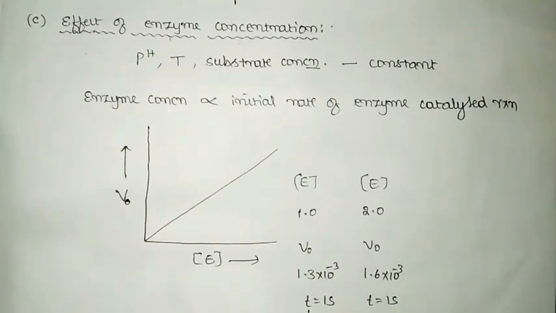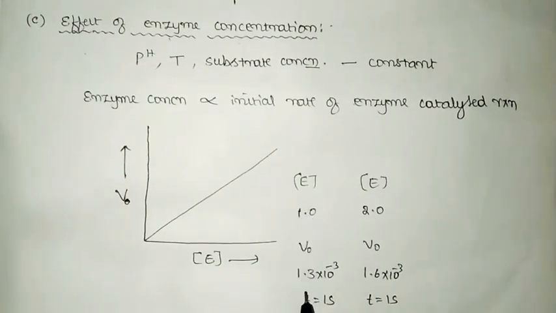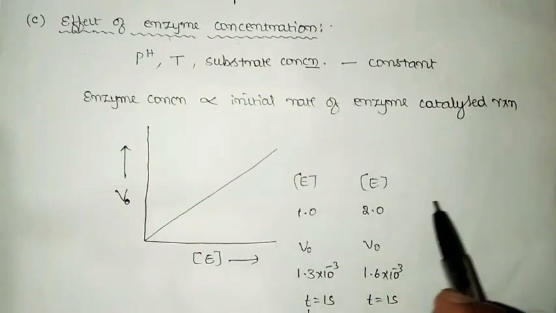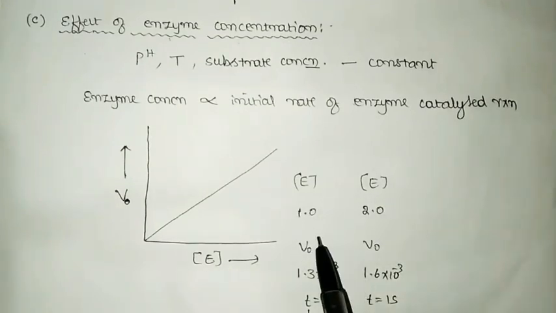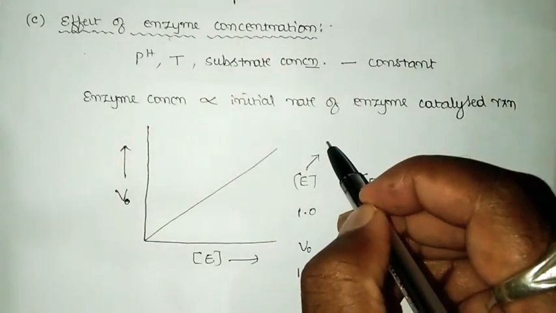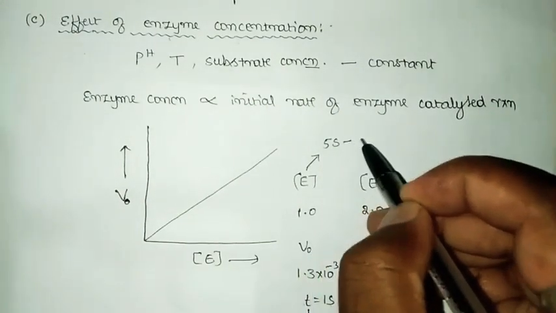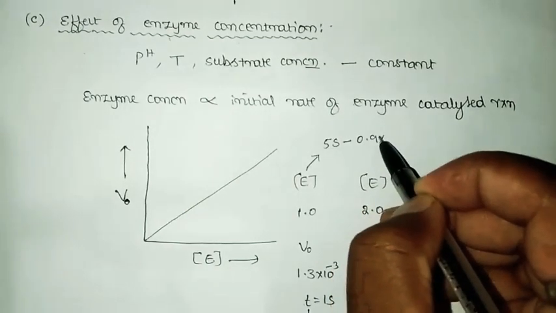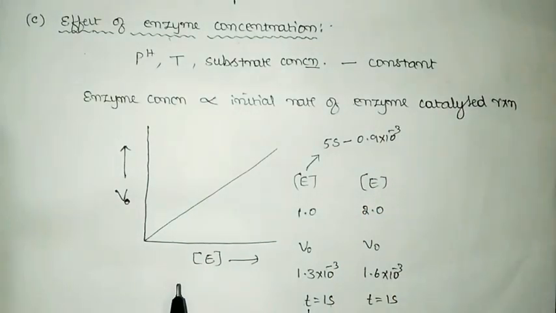But when you measure the rate of the same reaction as time proceeds, say if I measure the rate when the concentration of enzyme is 1 mole per dm cube, at t equals 1 second the initial velocity is 1.3 into 10 power minus 3. But when you measure the same at 5 seconds, the rate will be 0.9 into 10 power minus 3.